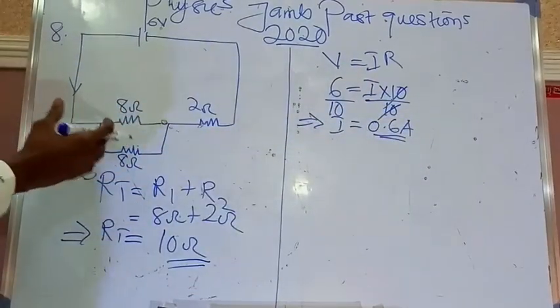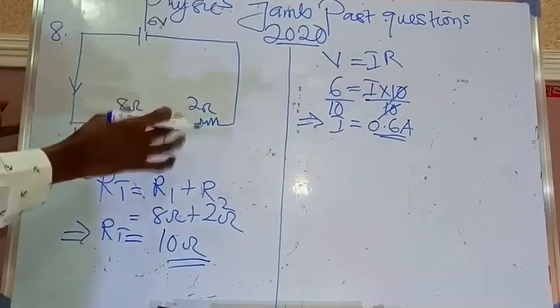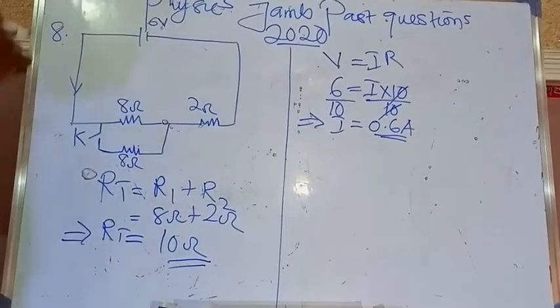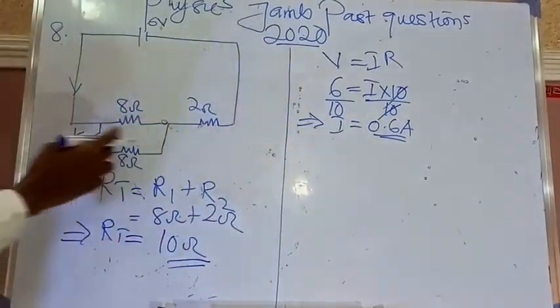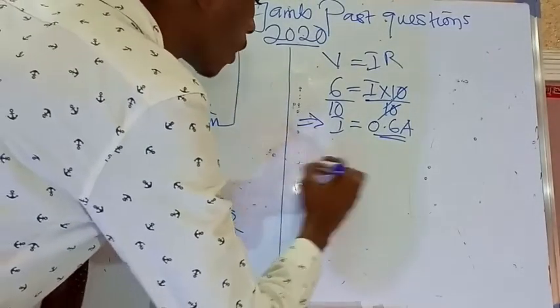Then let's take a look at it when it is closed. When the key is closed, the circuit is going to change like this.